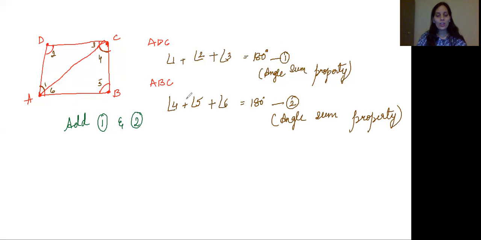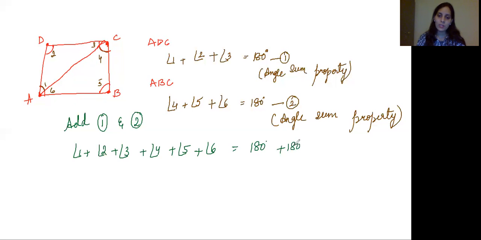Right? So I'm going to add the LHS on the left hand side and the RHS on the right hand side. So angle 1 plus 2 plus 3 plus 4 plus 5 plus 6 equals 180 plus 180. Now, as I can see, 1 and 6 are together and 3 and 4 are together, as in adjacent to each other.